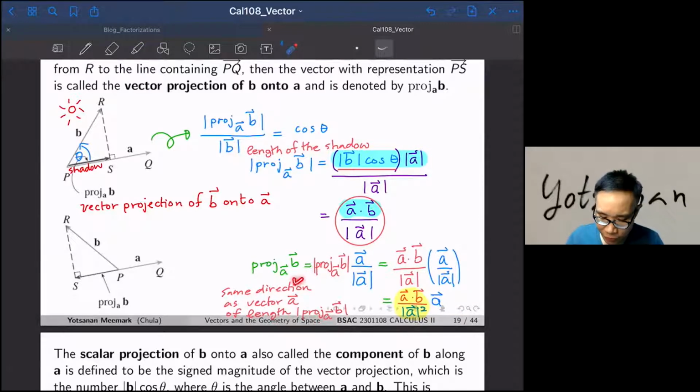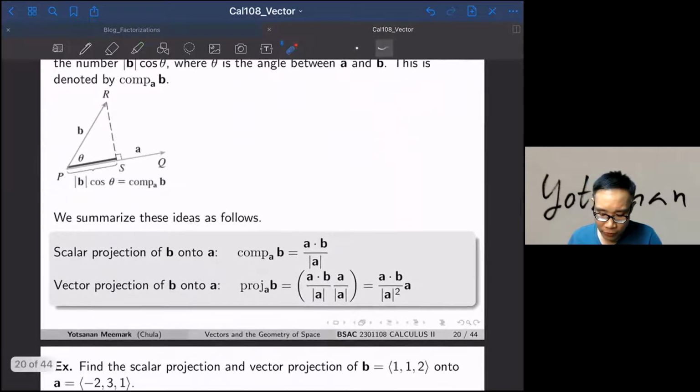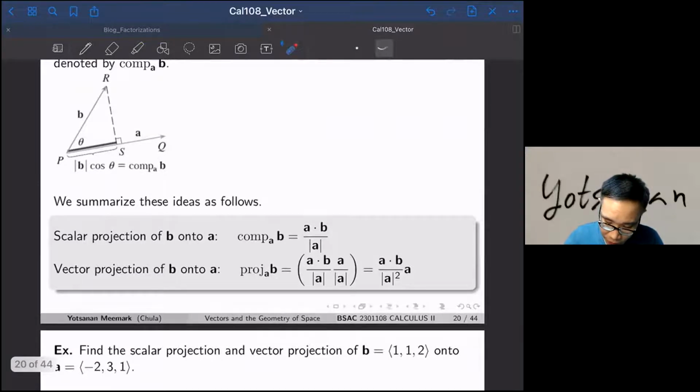The projection vector is A dot B over norm A squared multiplied with vector A. And the length of the projection turns out to be A dot B over norm A. We have a special name for it: the scalar projection, also called the component of B onto A. This is the length of the projection.